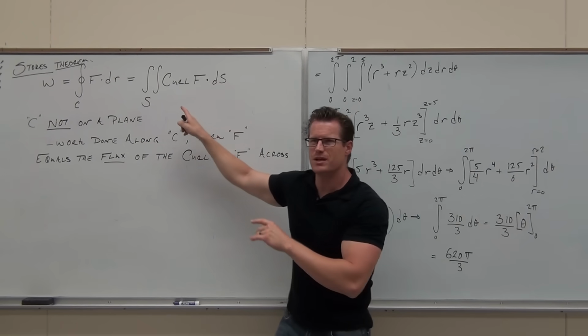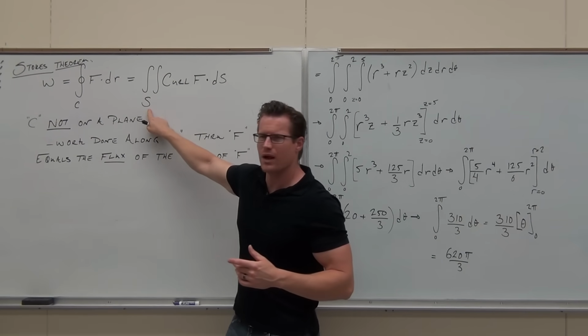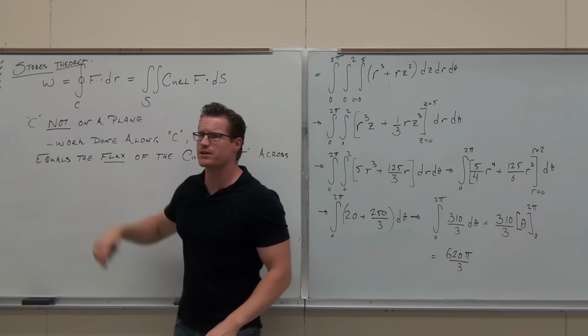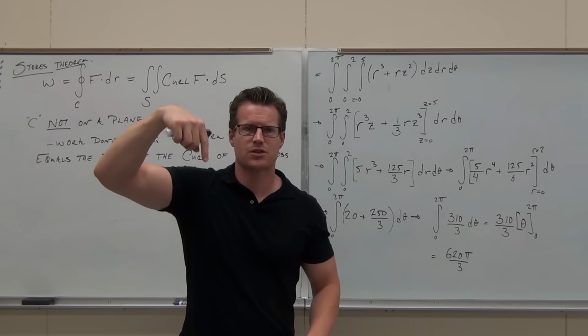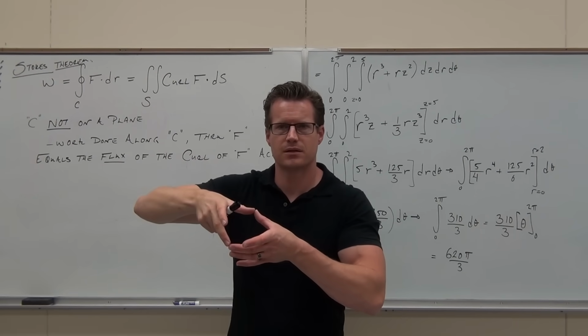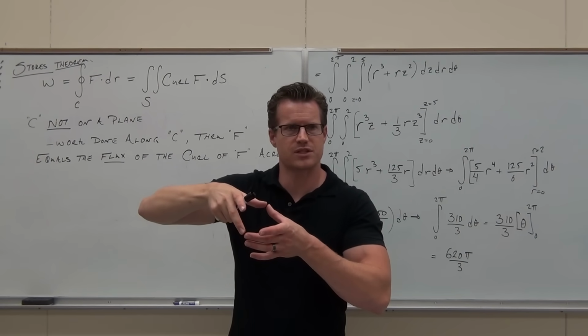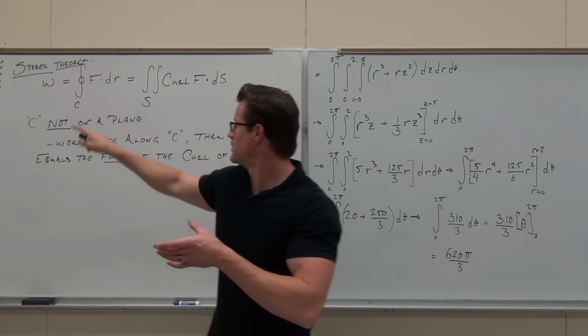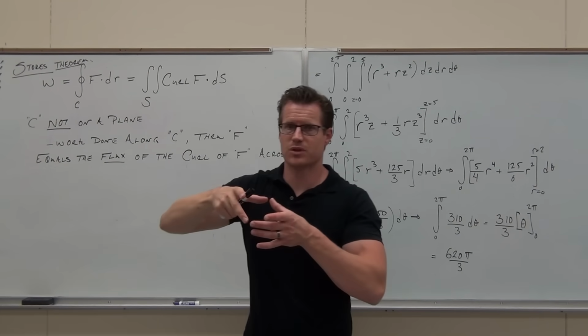Oh, but wait a minute. Over what? What is that thing? Surface. What surface? I don't have a surface. I've got this curve. Is that curve a simple closed curve that makes like a loop?